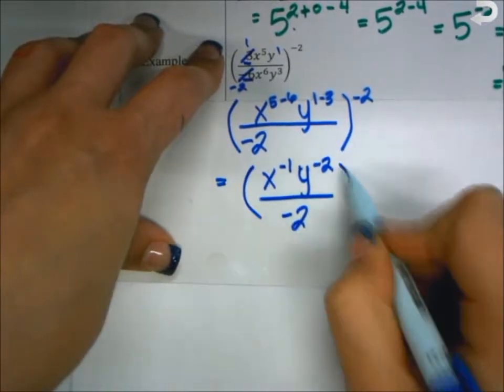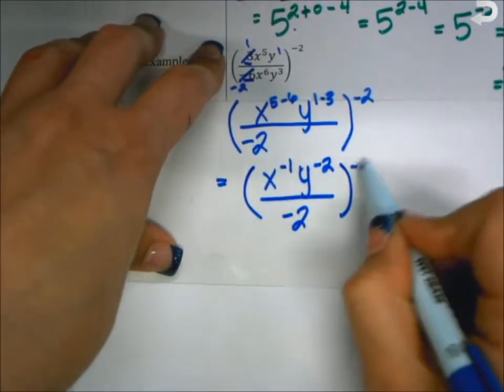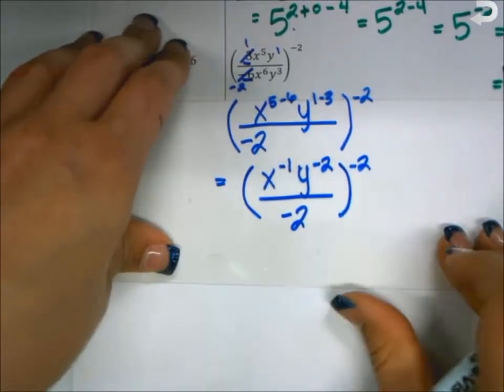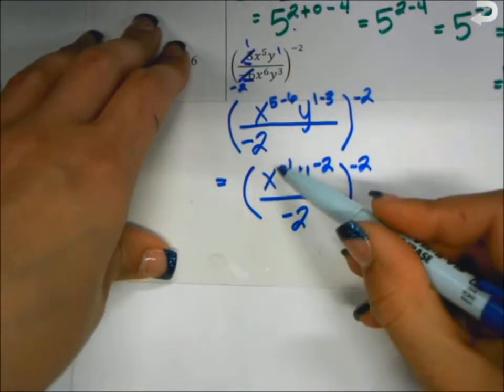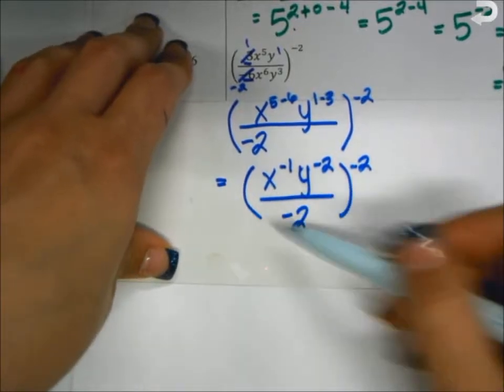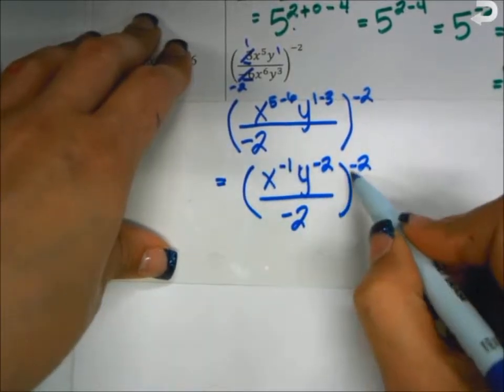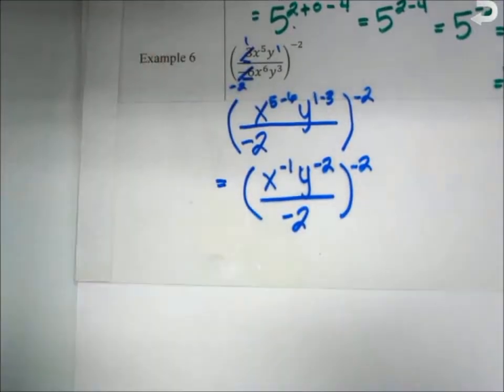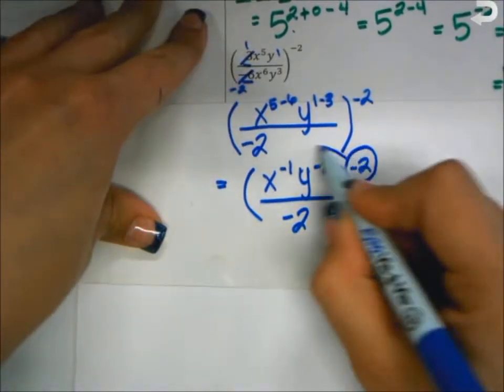Now normally we might want to move that x and y to the denominator because they're negative, but I know that when I distribute this negative 2 power, it's actually going to make both of them positive. So I'm just going to keep going.